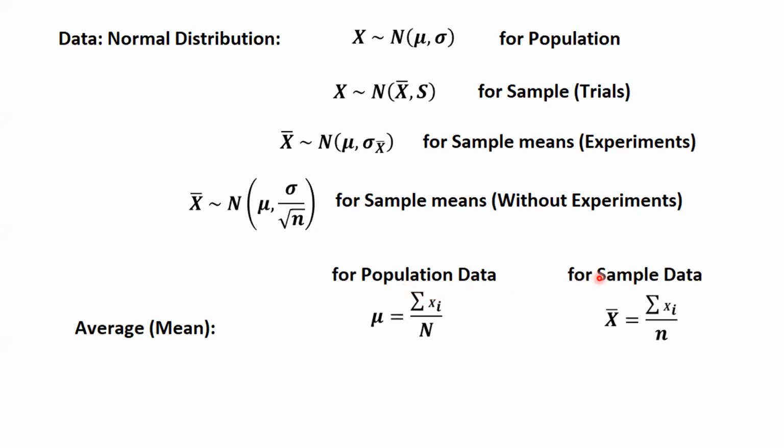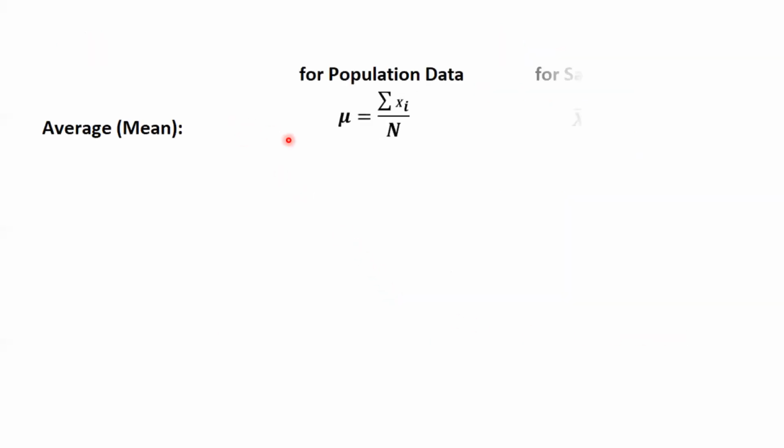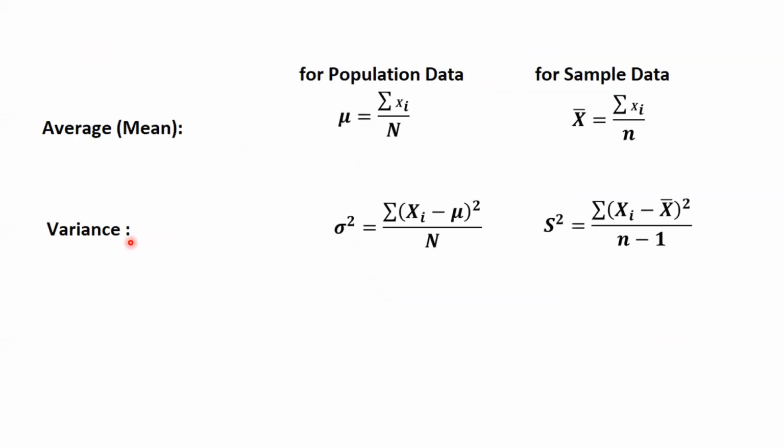Now for the population data and sample data, average can be calculated using these formulae. For population data, mu is equal to summation of all the variable values divided by total number of terms in the population data. For sample data, it is summation of all the variable values in the sample divided by total number of terms in the sample data. Once we calculate these averages, we will also find out the variance.